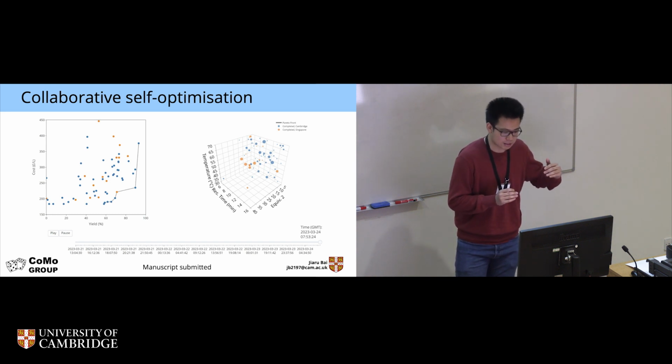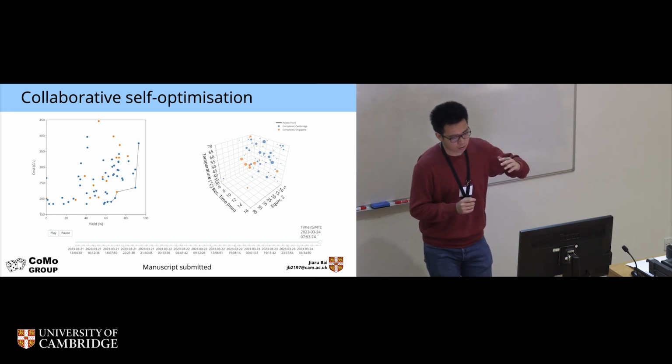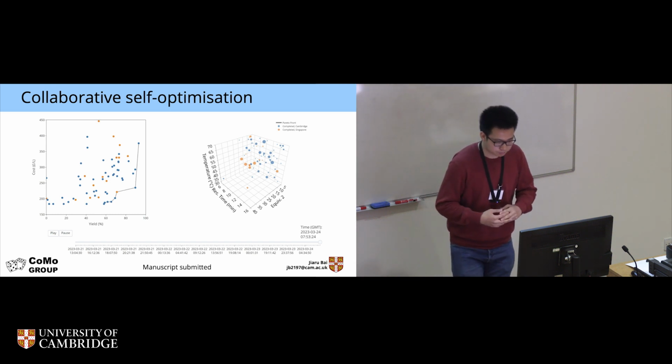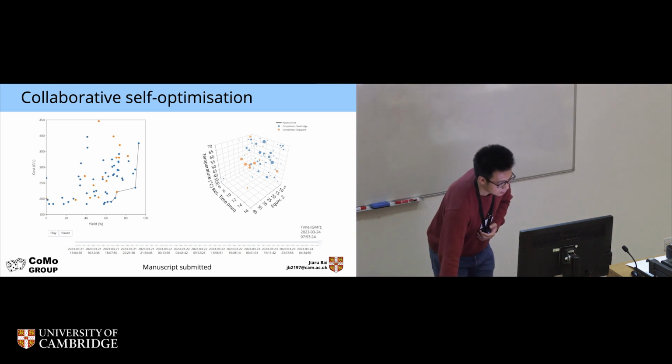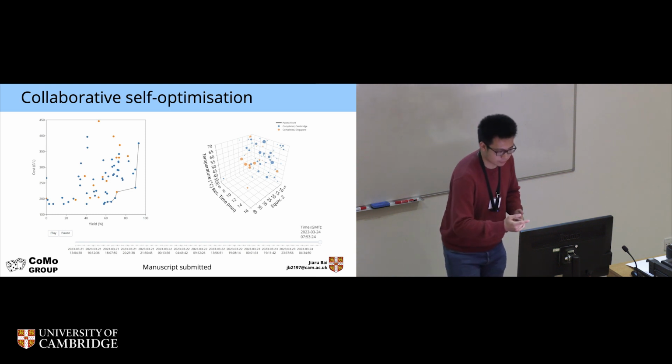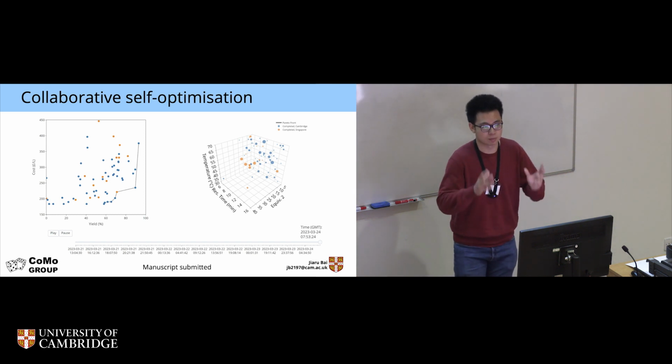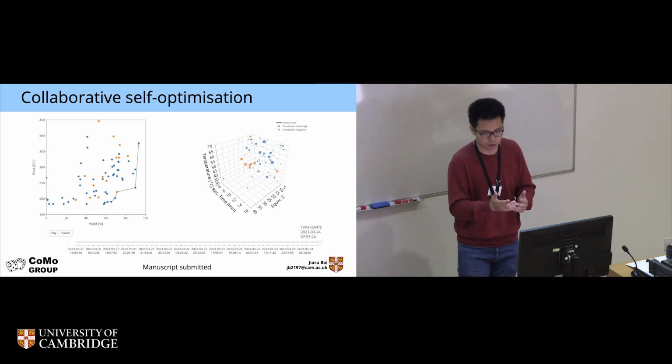As time goes by, you can see the two labs sharing data and pushing the Pareto front of this optimization problem. I hope you noticed that when the mouse is on top of a node, there was a pop-up window that shows all the other information you can get from the knowledge graph.